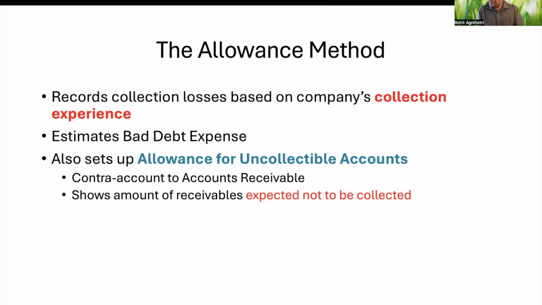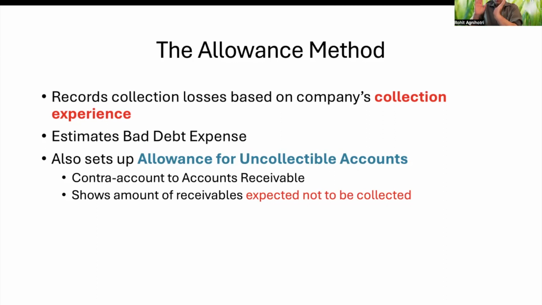And what is this allowance account? Well, in the simplest terms, this is your estimate. It is a provision that you open that says, I think that in this particular month or period, I will not be able to collect $5,000.